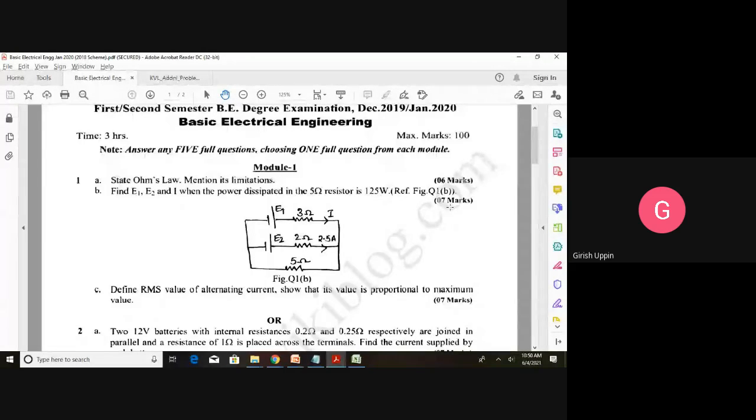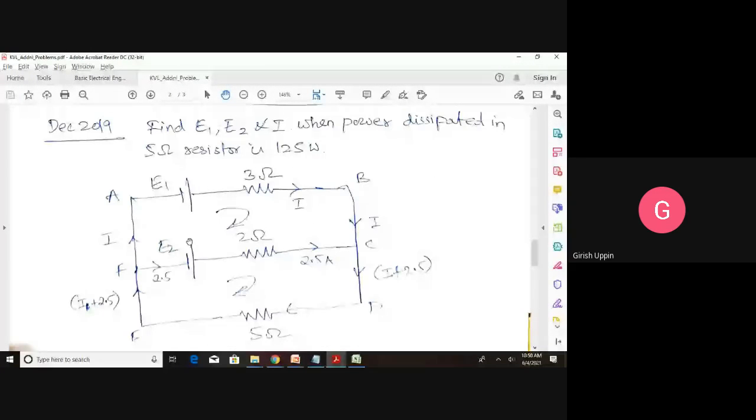I want all of you to try to solve it. For simplicity, I have marked all the nodes, and the current is already given here. The nodes A, B, C, D, E, and F, and this is the direction of tracing.